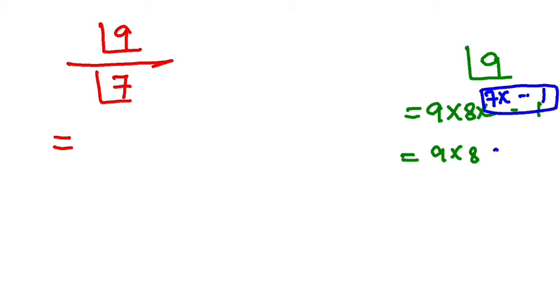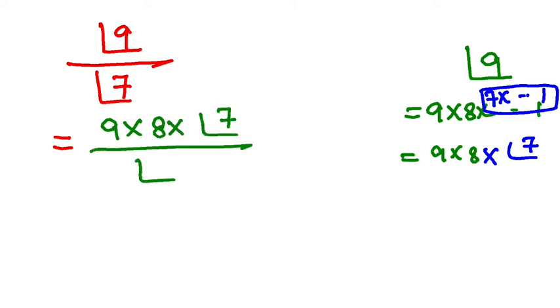So factorial 9 I am writing as 9 into 8 into factorial 7, divided by factorial 7. I think you people are understanding why I am taking factorial 7 out, because now I can cancel factorial 7 and my answer is 72.